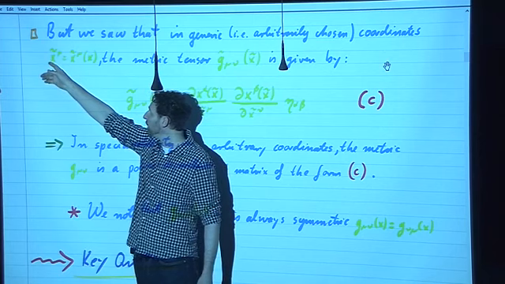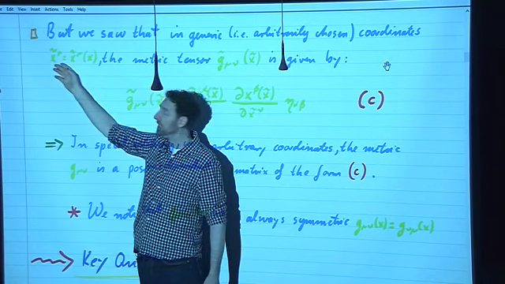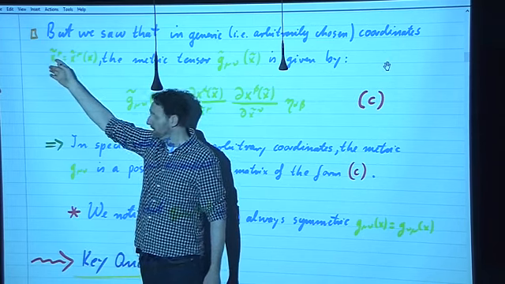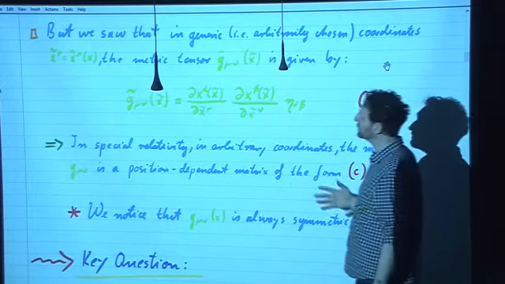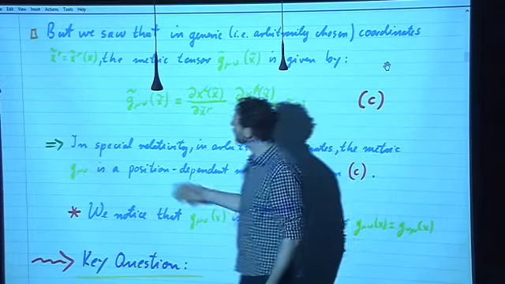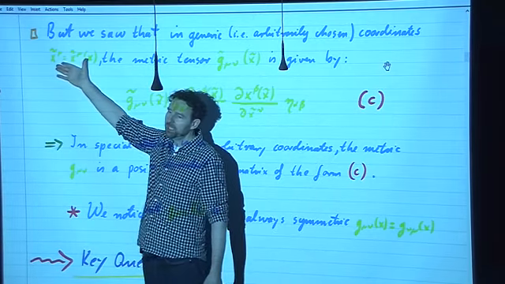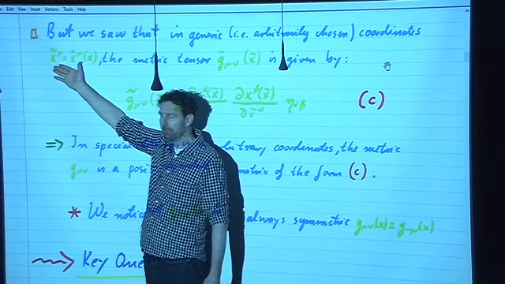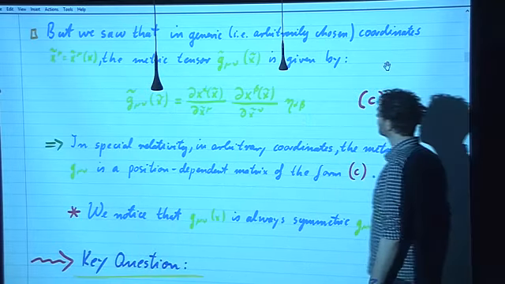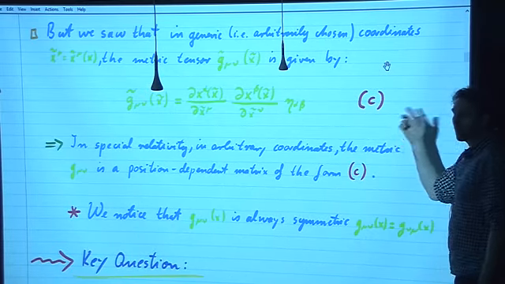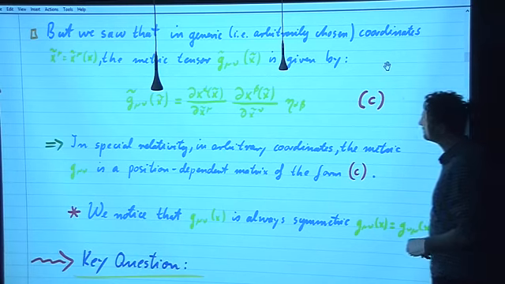We can choose x tilde 1 as a function of the x variables, x tilde 2, x tilde 3. We have four functions that we can freely choose. In other words, there are as many changes of coordinates as there are four functions of four variables. And that number 4 will come up later again.